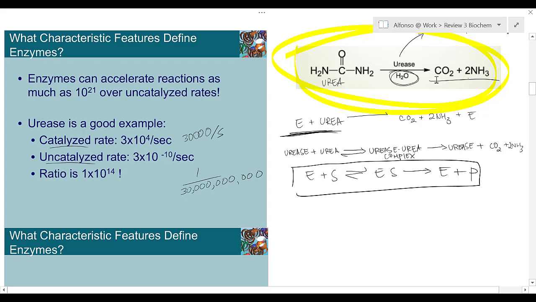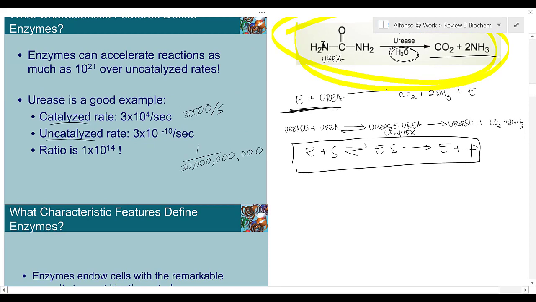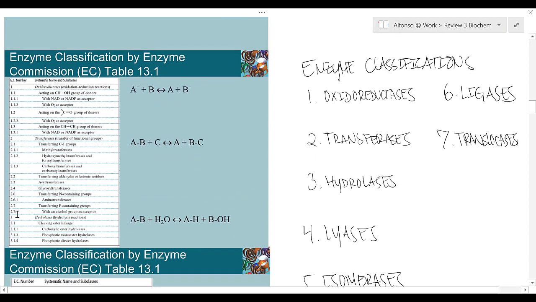Because urease uses water to cleave, that's the key word, it is a hydrolase. So that's a number 3. The enzyme classification number is 3 for hydrolases. And that is something that you're going to want to know for your exam.